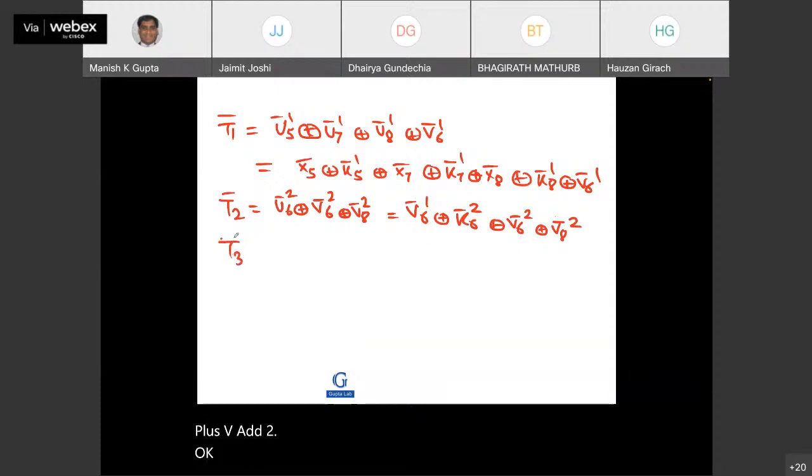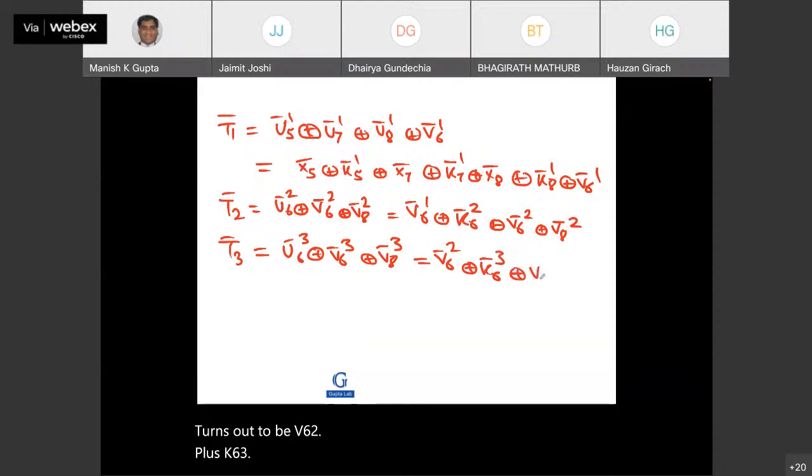Similarly, T3 will be U63 plus V63 plus V83, which turns out to be V62 plus K63 plus V63 plus V83. Right?